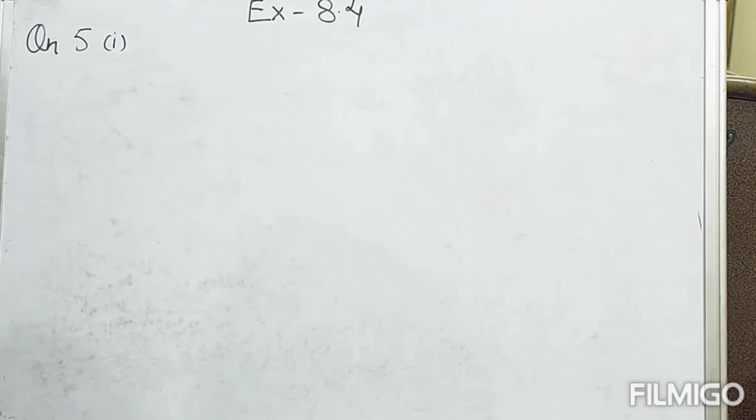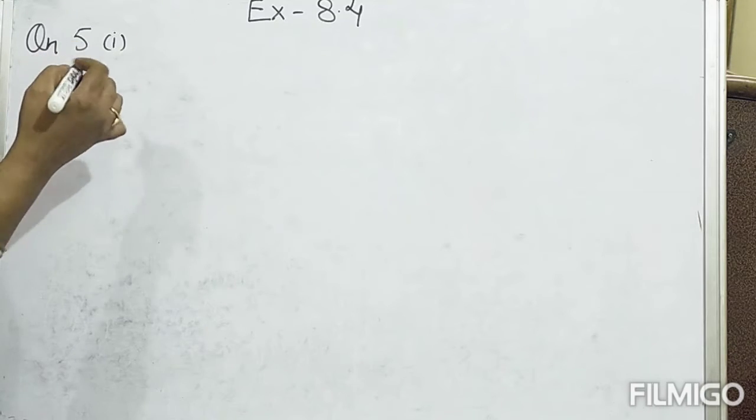So now we will do question number 5, part number 1 of exercise 8.4, right? So question number 5, part number 1, what is given in the question?